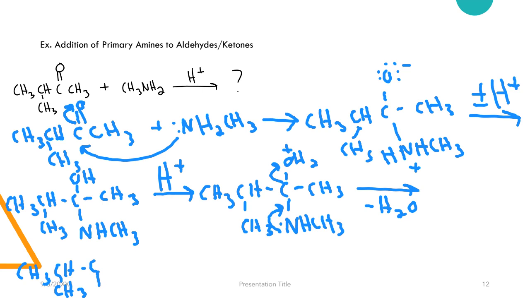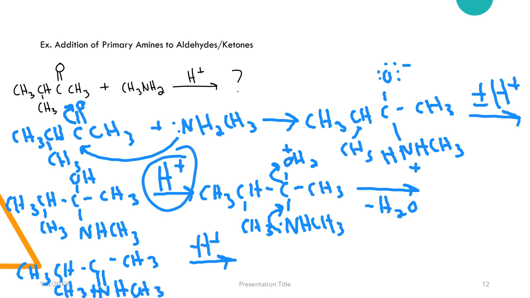So we have NHCH3, 2CH3. This nitrogen now has 4 bonds. It does not like having 4 bonds, so now it has a positive charge. But that hydrogen is labile, it'll just come off, which reforms the catalyst from up here.